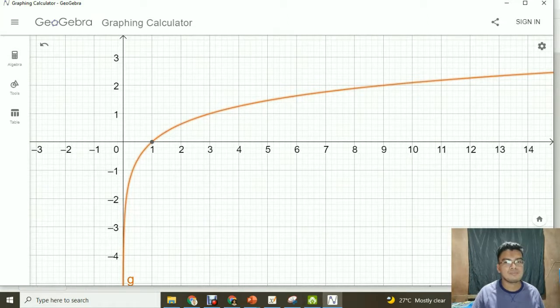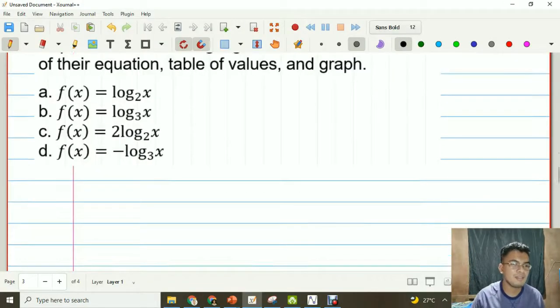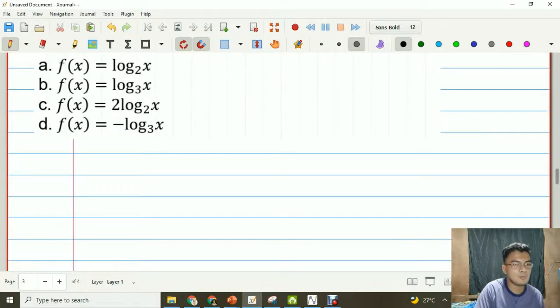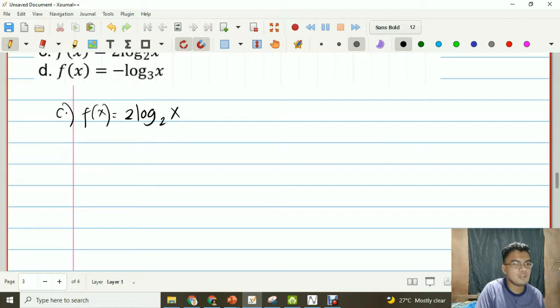Okay? For item C, we have f of x is equal to 2 times log base 2 of x. So, ang equivalent equation nito, all we need to do is to replace f of x using y. Y is equal to 2 times log base 2 of x.